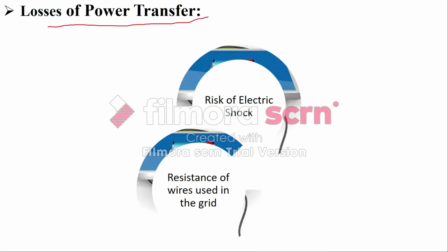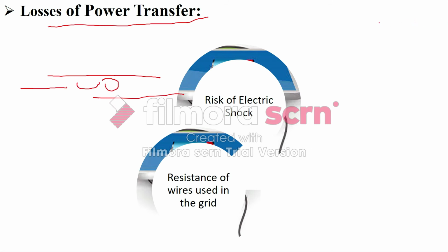Now let's talk about the losses of power transfer. We have been studying the losses of power transfer for ages, and in school books, college or university we have studied that there is a resistance in the wire.